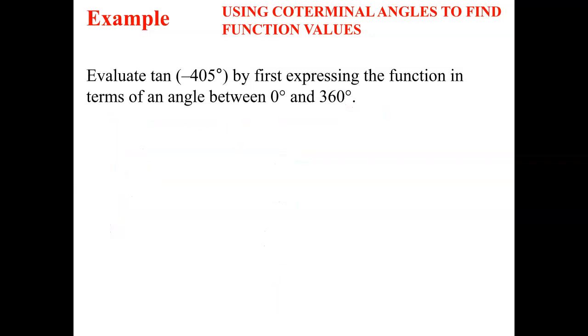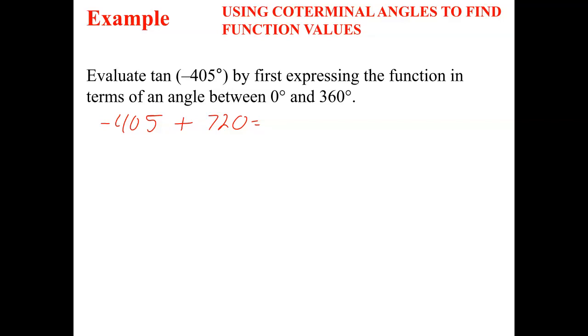Let's finish up on negative 405. I need to get my reference angle. Or sorry, I need to find my coterminal angle first. Add 360. We're going to have to add 360 twice. If you add 360, you're still going to have a negative number, so we need to do it again.